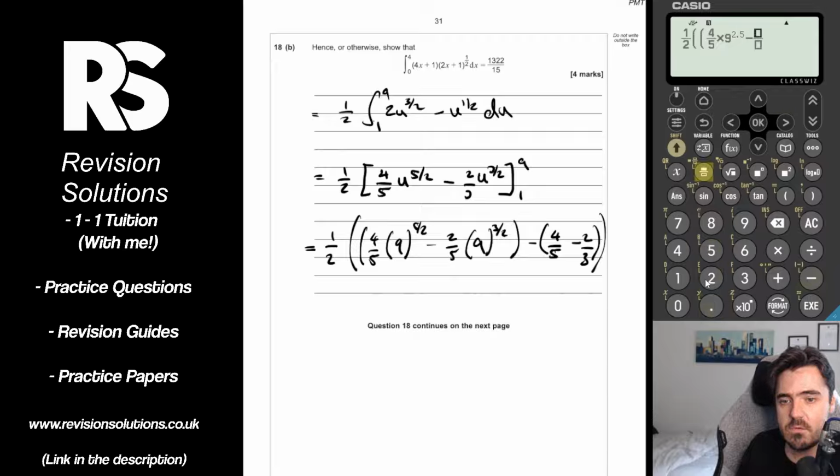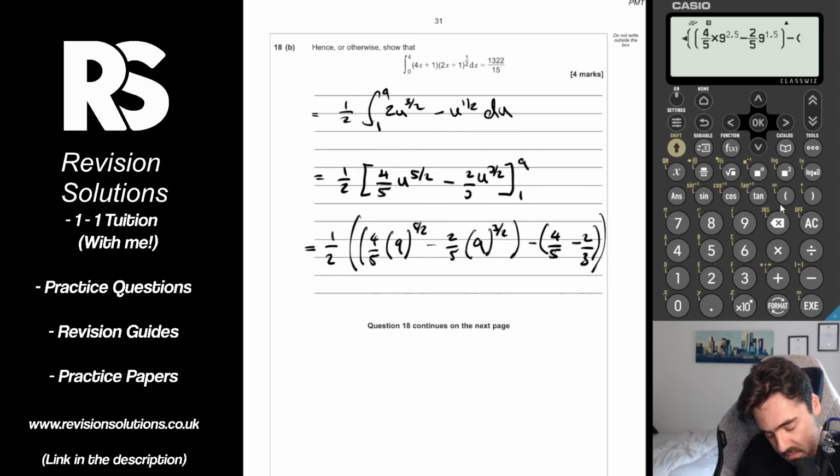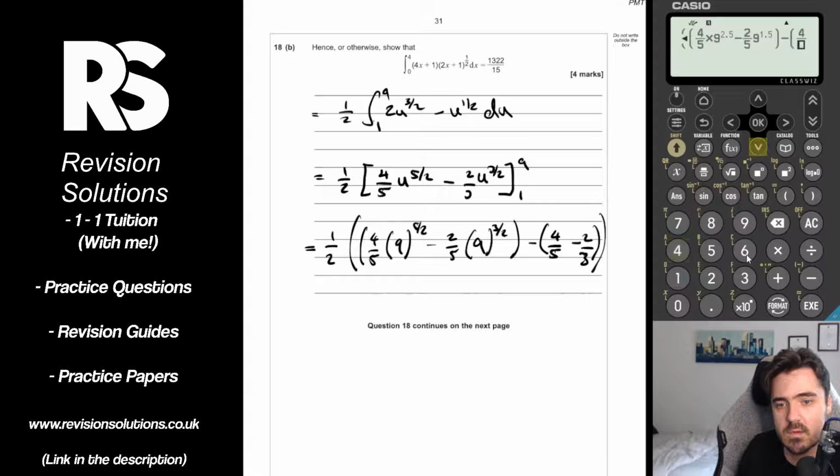Minus 2/3 of 9 to the 1.5. Close that. Then minus, open bracket, 4 over 5 minus 2 over 3.